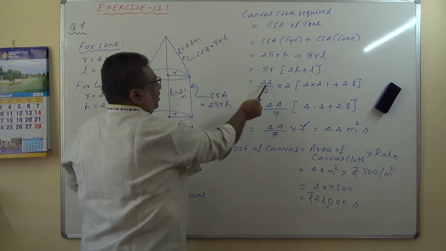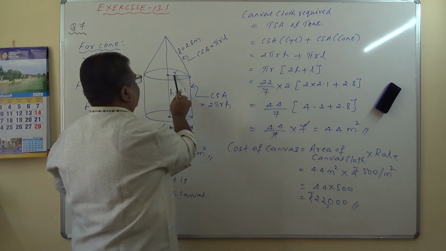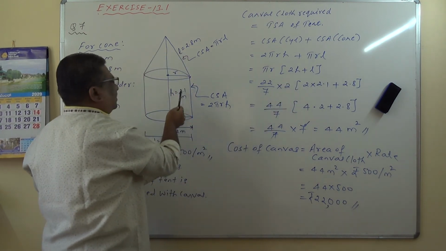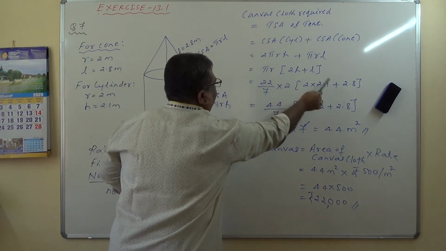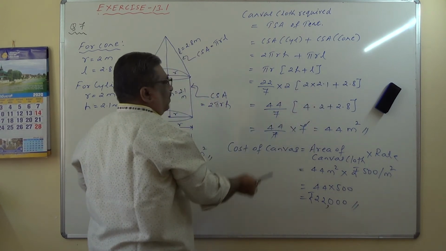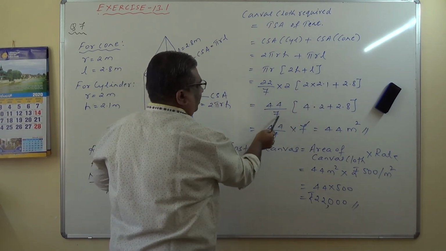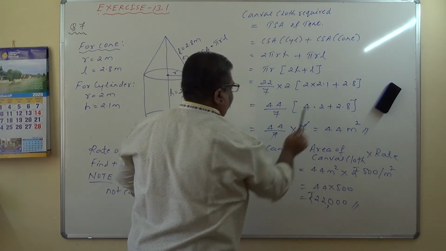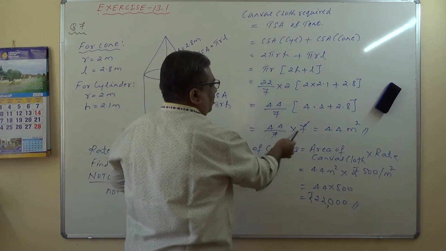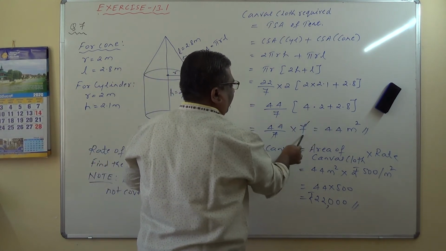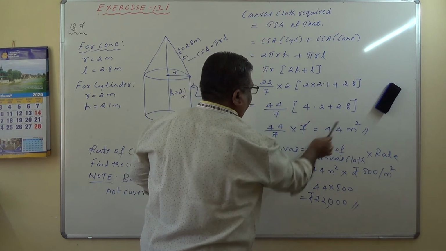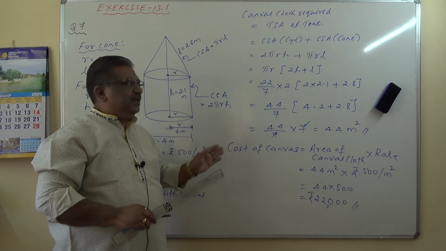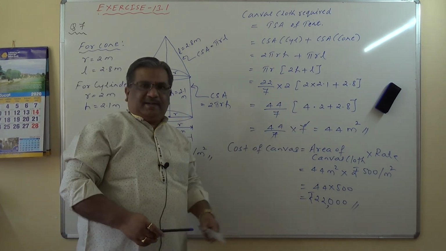So 22 by 7 into radius 2 meter, into bracket 2 times height of the cylinder 2.1 plus slant height 2.8 meter. So this is 44 by 7 into (4.2 plus 2.8). 4.2 plus 2.8 gives you 7. 7 cancels, 44 square meter. So the total canvas cloth required for making this tent is 44 square meters.